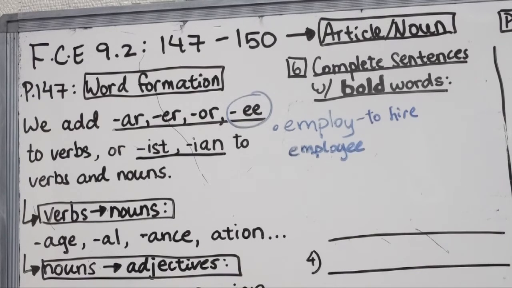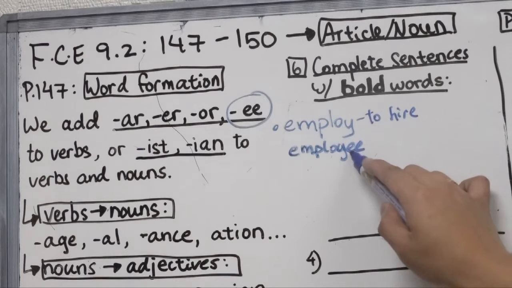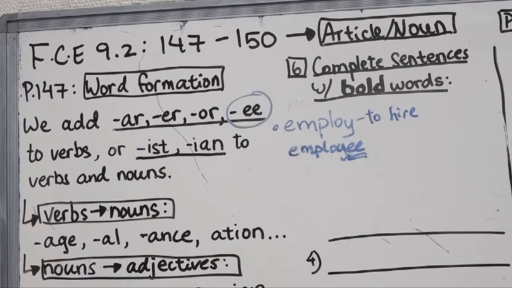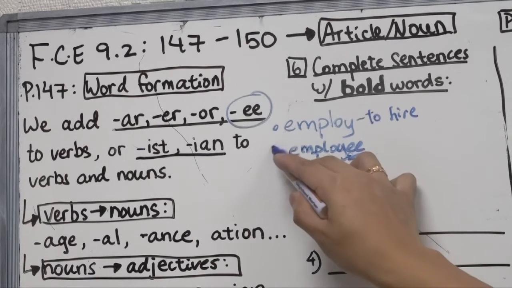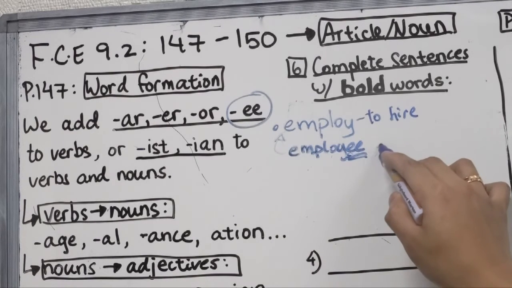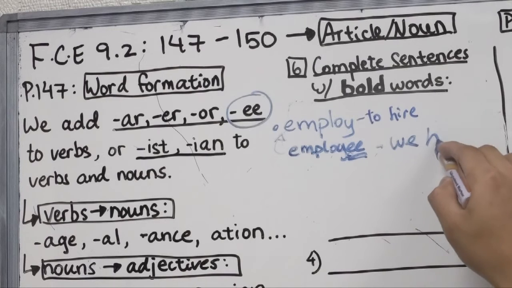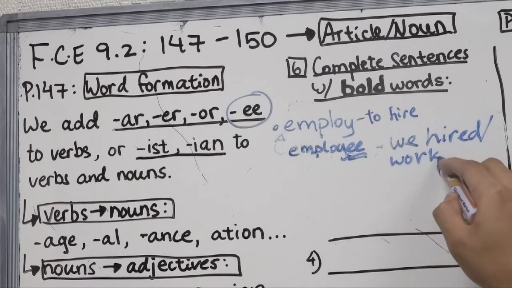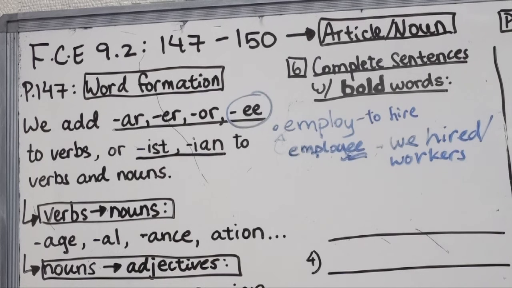So here we have the affix double E. Does this mean the people who hire? No, this describes the people who we hired, basically your workers. So it reflects not the people who make the action, but who the action is received by.